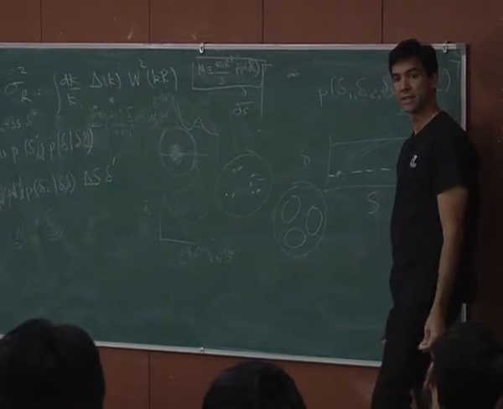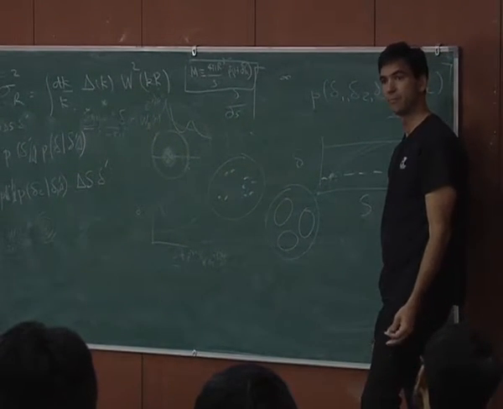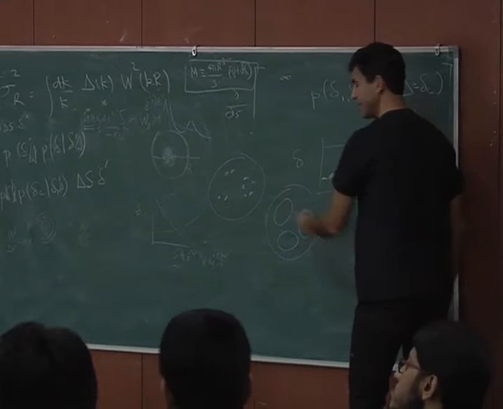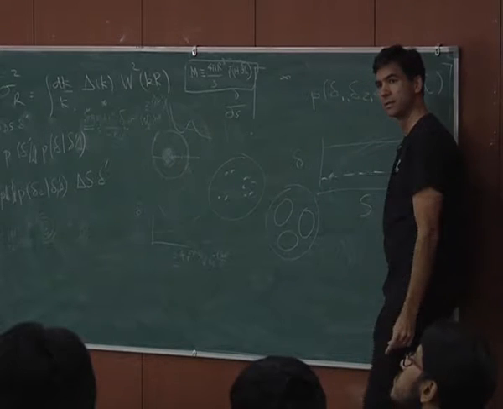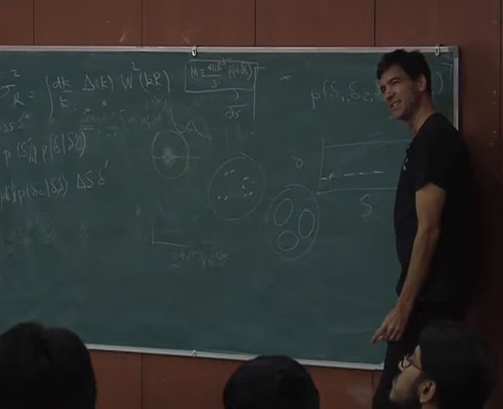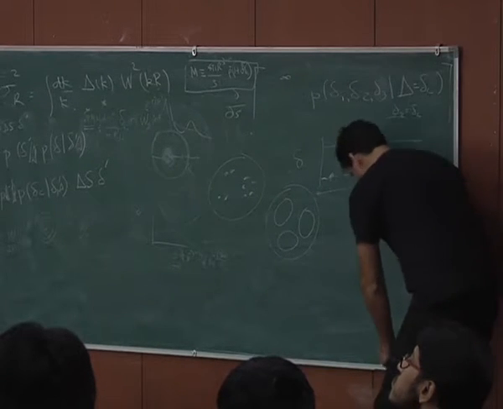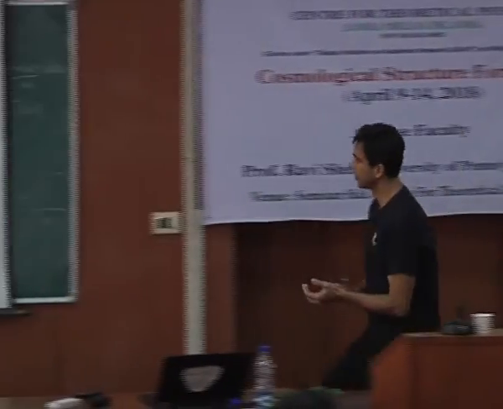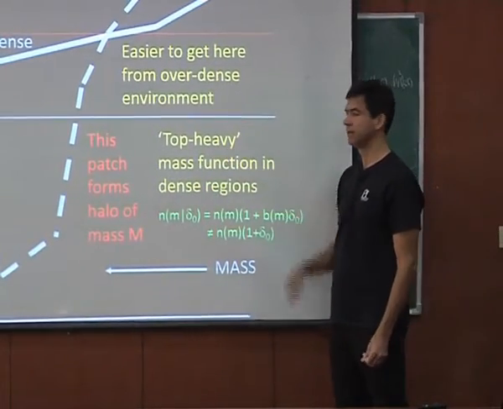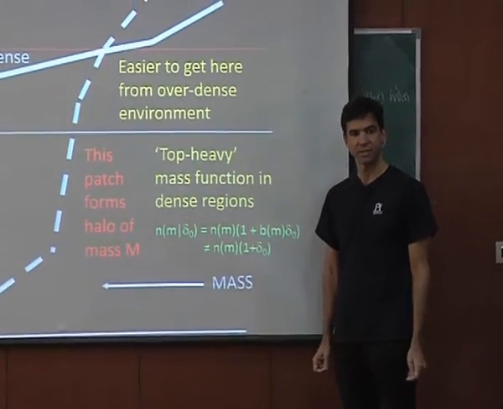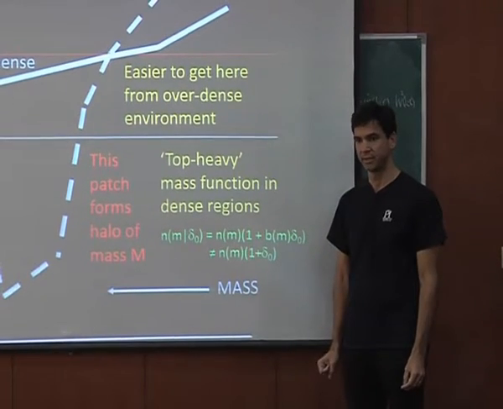Because they're all more massive. All the sub halos inside it are more massive instead of lots of small pieces. Does that make sense? And so in the jargon, we say the mass function is top heavy in dense regions, more massive objects.